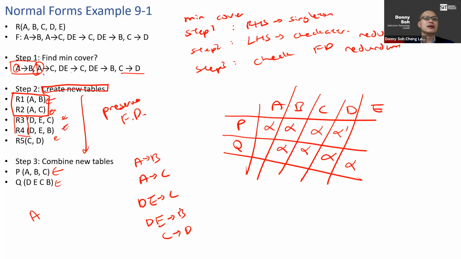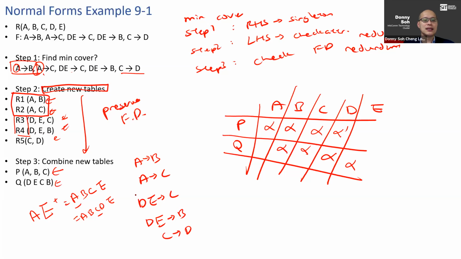B, C, D, E. E is also not on my right hand side. Okay, so it seems that AE will give BC. C will give me D. And so AE is a candidate key.